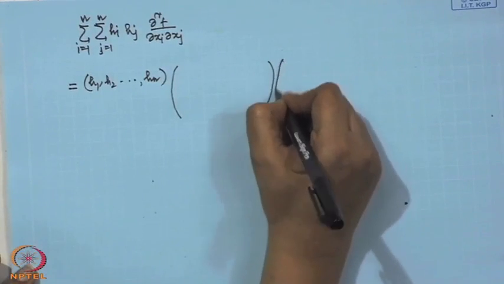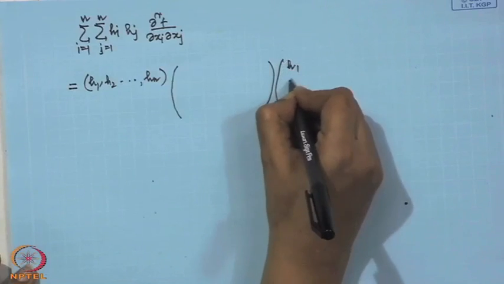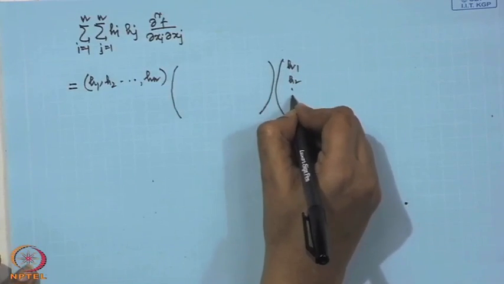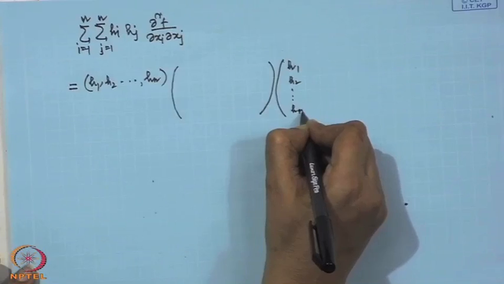How does the Hessian matrix look? I will write it down next, and this is the column vector h1 to hn.